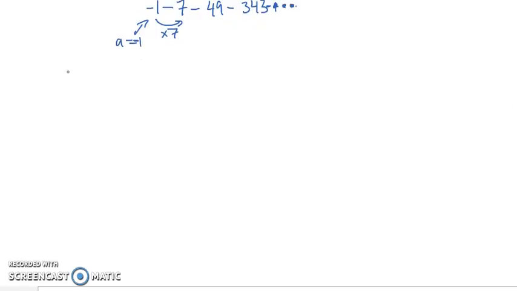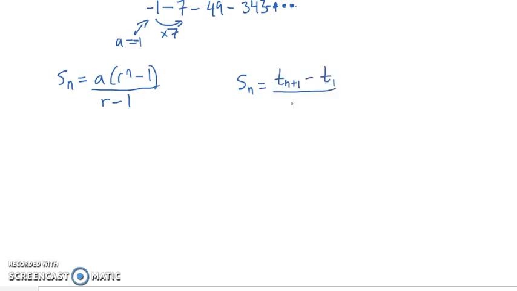The first thing that we need to know is the sum of a geometric series can be given by the following formula. Another way to write that would be this: Tn plus 1 minus T1 all divided by r minus 1. Now notice that the Tn plus 1 is the term after the last term.